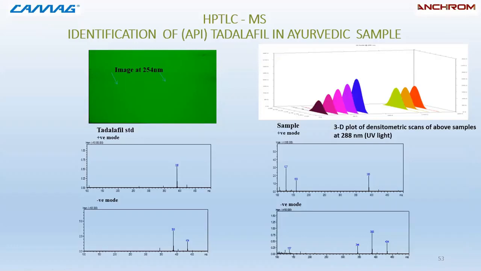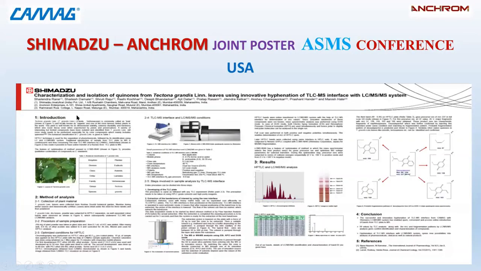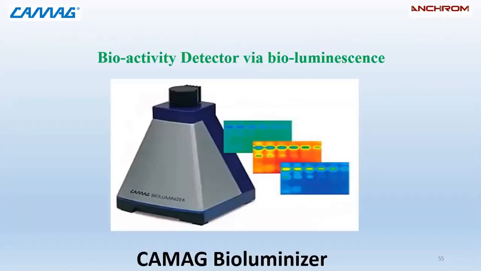We all know tadalafil is a synthetic API, active pharmaceutical ingredient, which will not be present in an Ayurvedic sample, but it was present in the Ayurvedic sample, and it was detected and then identified using the MS hyphenation technique. This is the Shimadzu Ankrom joint poster, from a collaboration event held in the USA at the ASMS conference.